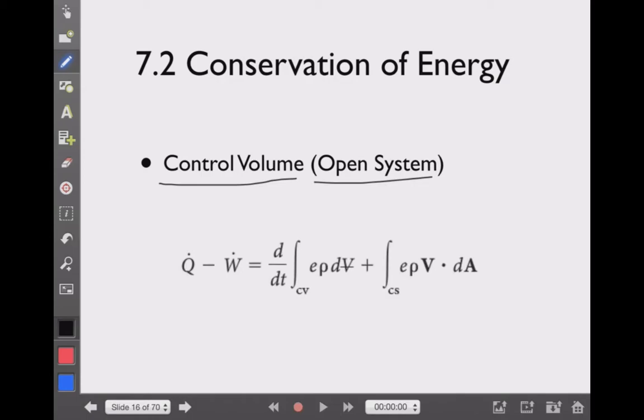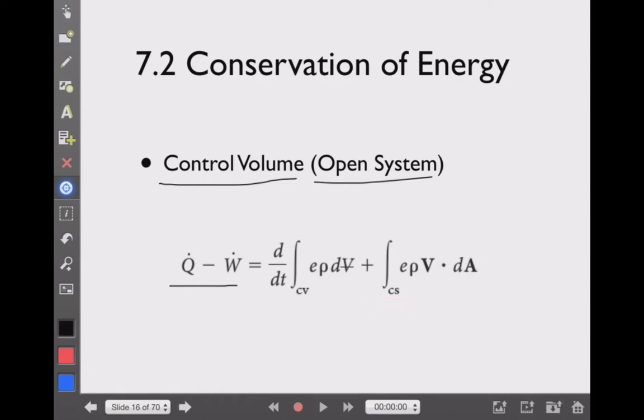These are basically the external energy components, the heat transfer that is occurring in or out of the control volume, minus the rate of work being done. And that's going to equal the time rate of change of any energy per mass occurring within the control volume, and any flux of energy across the control surfaces.